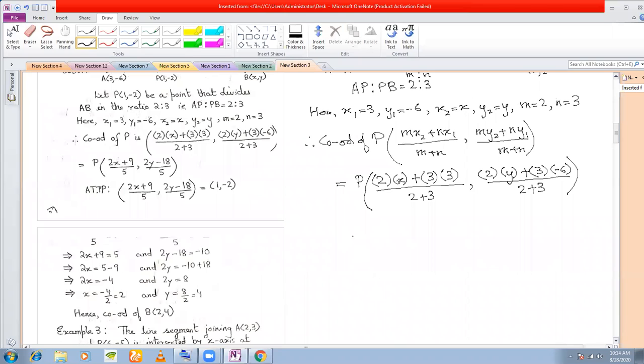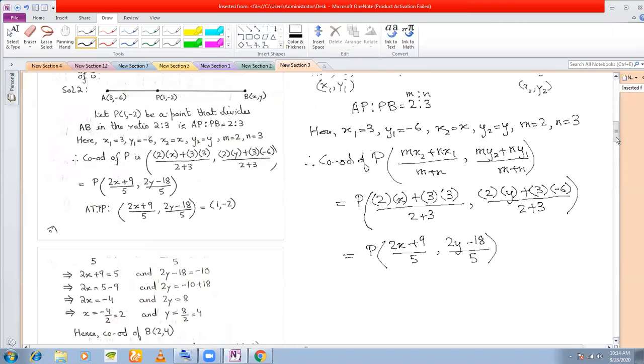We have got the coordinates of P as (2x plus 9) by 5, (2y minus 18) by 5. But we don't know the value of x and y. Yes, I'm coming to that. But we have found out the coordinates of P in terms of x and y.